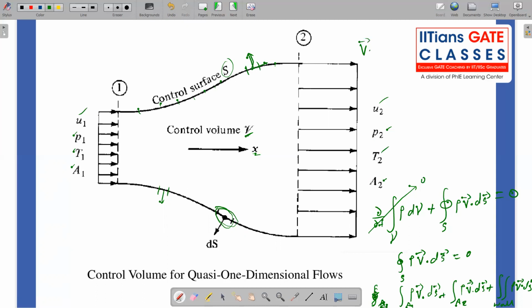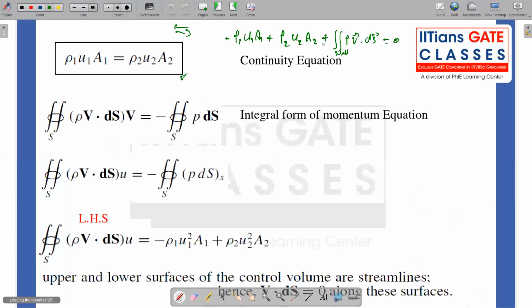My v dot ds is going to be 0 along the wall. Considering this factor, this term vanishes. So I am left with minus rho1 u1 a1 plus rho2 u2 a2 is equal to 0. That implies that rho1 u1 a1 is equal to rho2 u2 a2. So this is my continuity equation for quasi one dimensional flows for a steady and inviscid case.